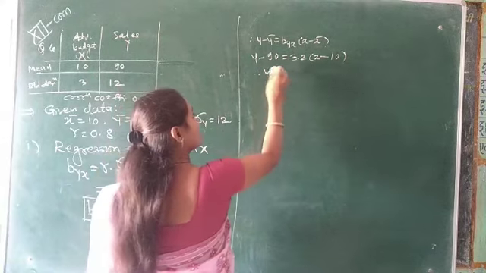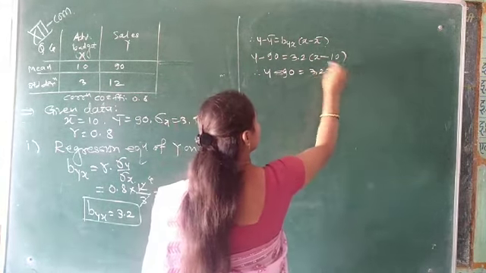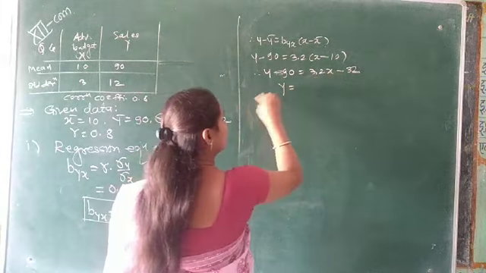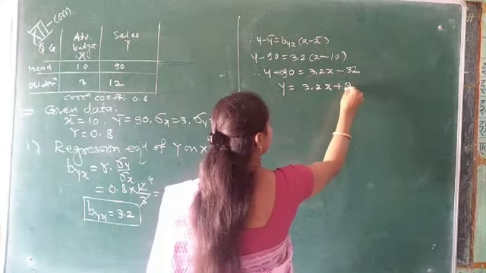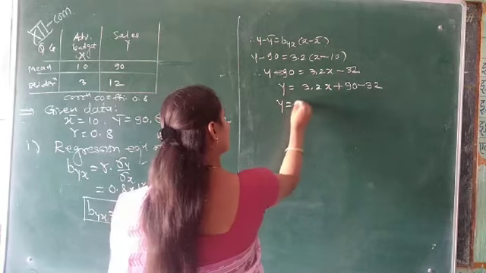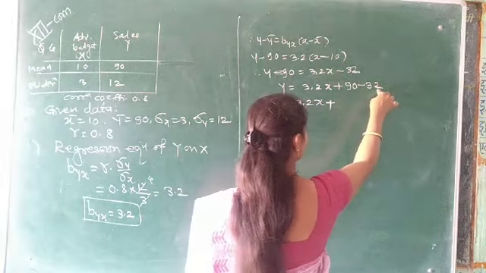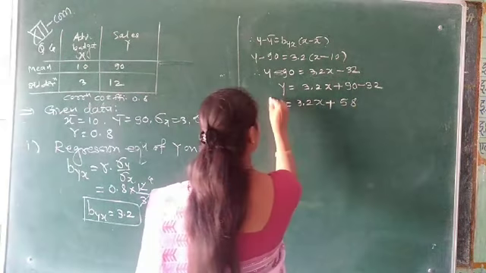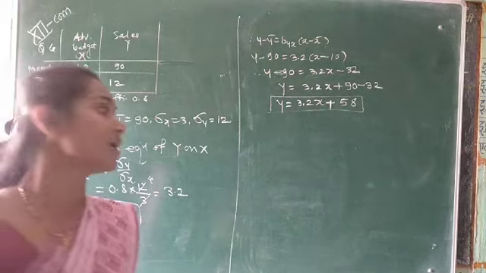Therefore y minus 90 is equal to 3.2x minus 3.2 into 10, that is 32. Therefore y is equal to 3.2x. The minus 90 on that side becomes plus 90 minus 32. Therefore y is equal to 3.2x plus 58. So here we get the first regression equation, y on x.